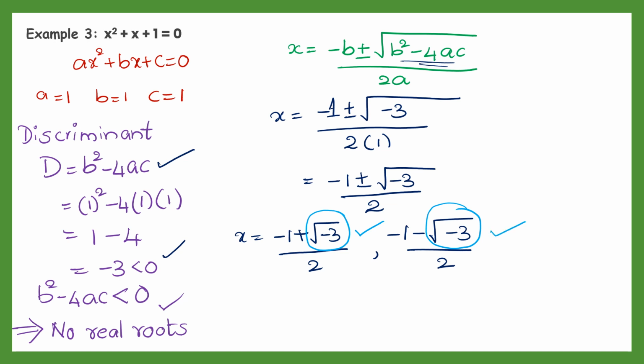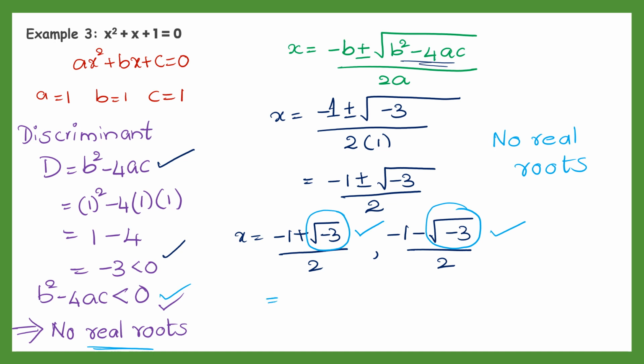This also, minus 1 minus root of minus 3 by 2, is not a real number. So you got no real roots. So according to the discriminant also we got the same conclusion. The roots will not be real.